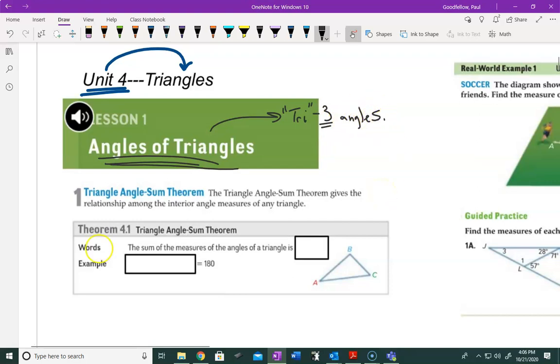All right? Now, one of the cool things about a triangle is its number one characteristic, and we're going to put a big old star here: what's referred to as the Triangle Sum Theorem.